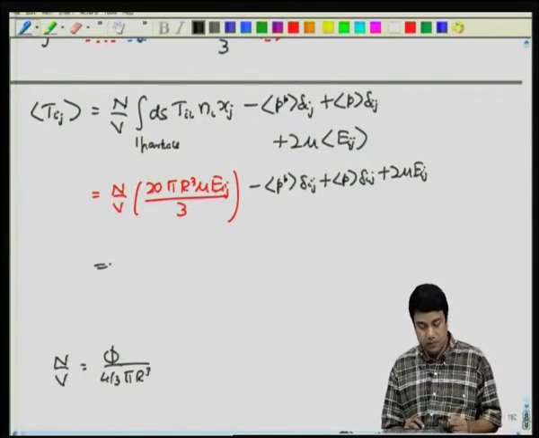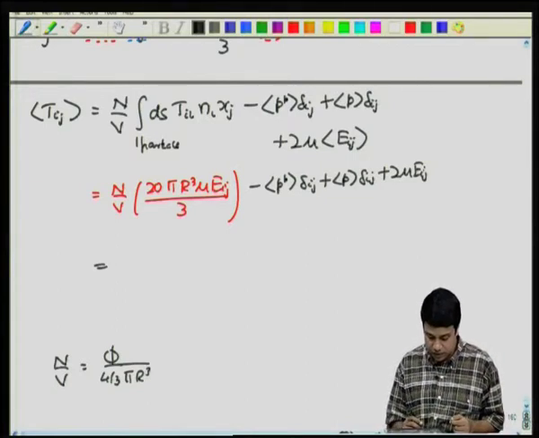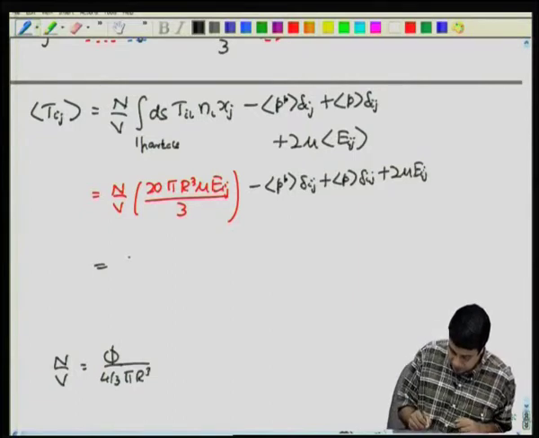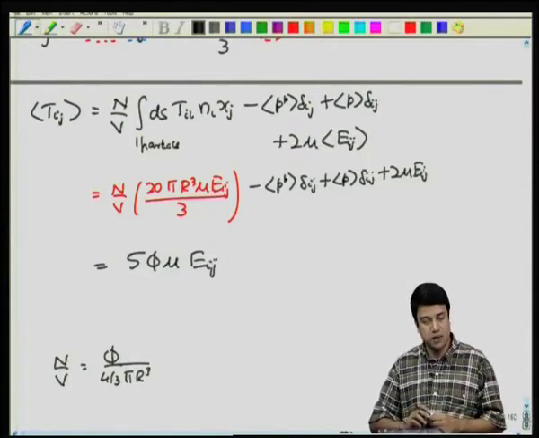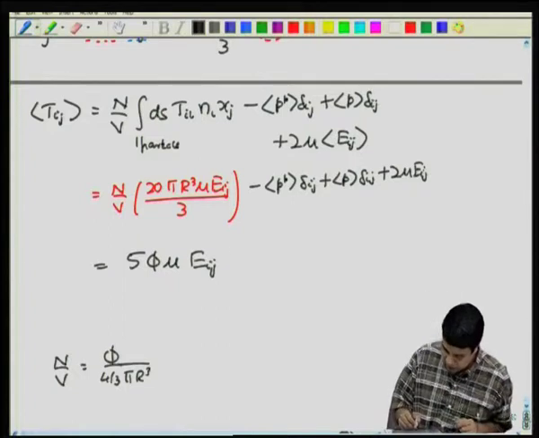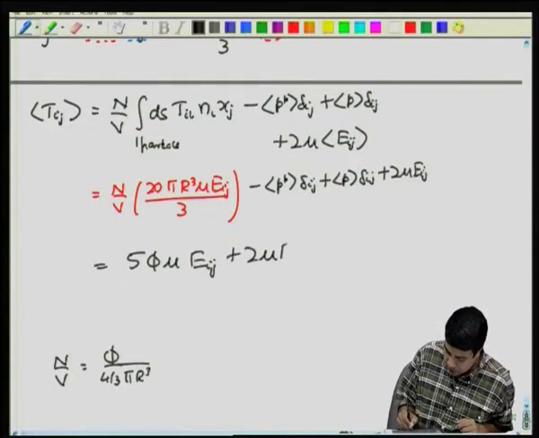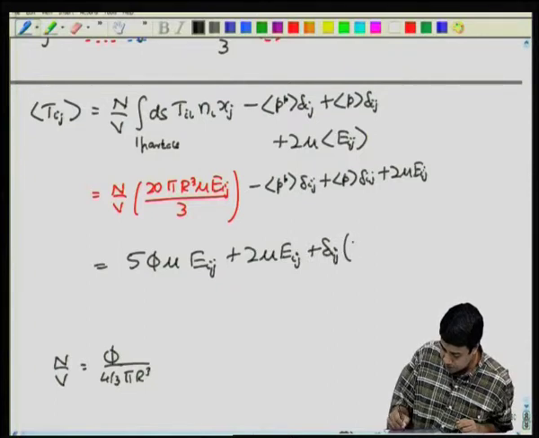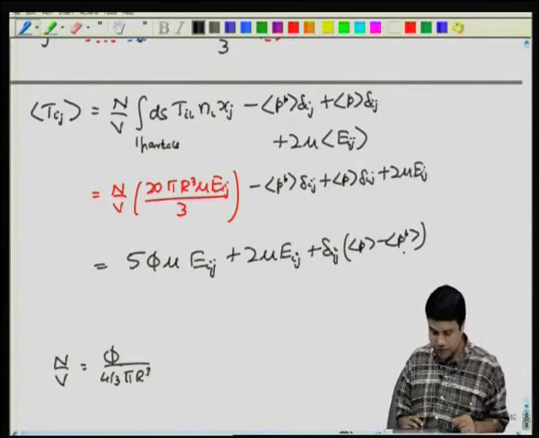What you get is 5 phi mu e_ij, because 20 by 3 divided by 4 by 3 just gives me a factor of 5, plus 2 mu e_ij plus the isotropic part.